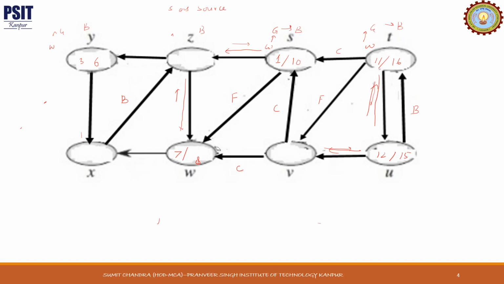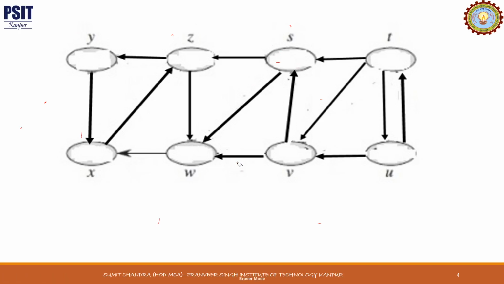Whatever vertex you choose, your last finish time will be the same. The last finish time we got is 16. The only thing is that your backward, cross and forward edges can change. Even if you choose the same source vertex but a different path, the finish and discovery times of different vertices can change, but you will still get the last finish time 16.